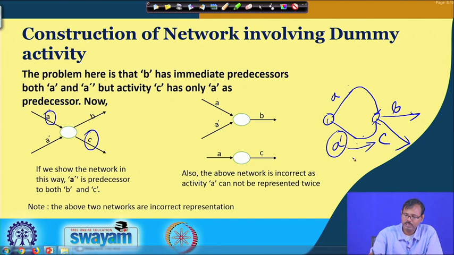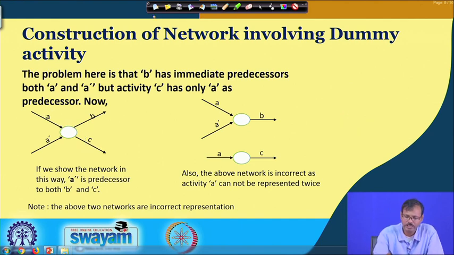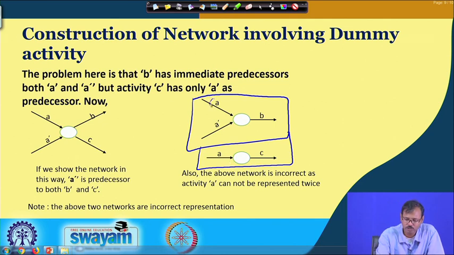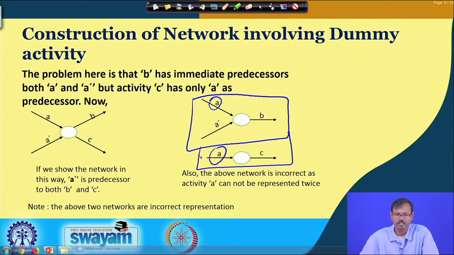So, this is not a possible way to represent, and further this type of arrow diagram is not permitted. So, if we go for this one, then probably this is good, but placing C like this is not accepted, because in two places A jobs are reflecting. So, that can confuse the network.